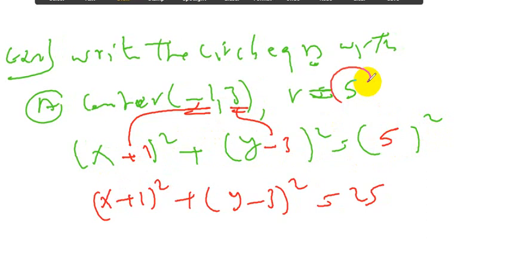Say r is 5 or whatever. R enters with the same sign, but for x and y, any value entering the bracket changes its sign. So this is x of the equation, and y enters next: minus 1 will be plus 1, and 3 will be minus 3.